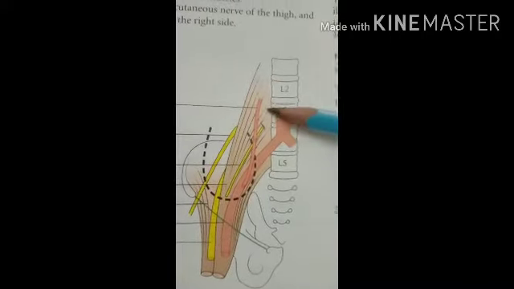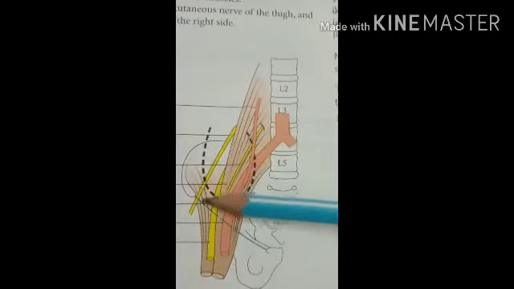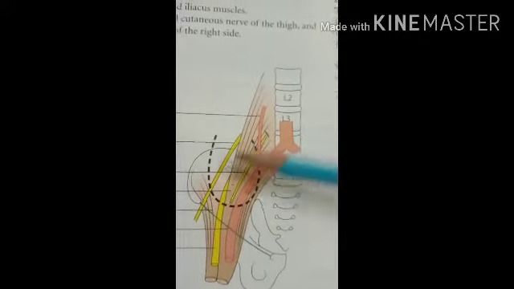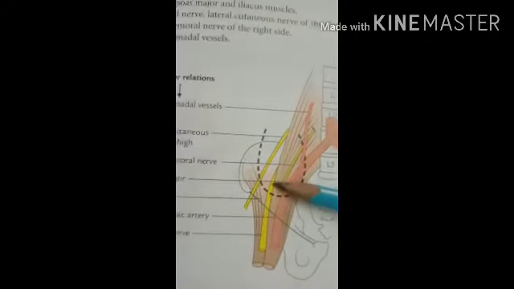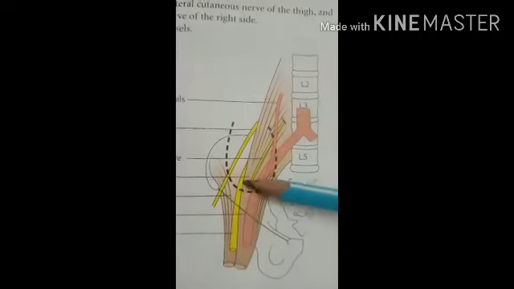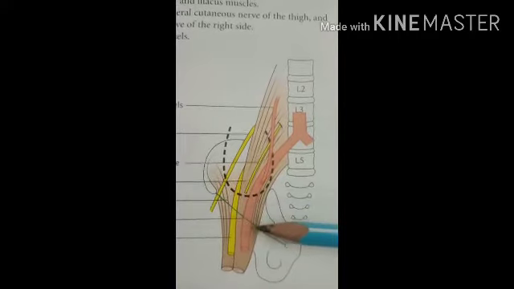Here you can see the brown colored muscles, the psoas major muscle, and the iliacus muscle, present in the iliac fossa. Then the femoral nerve. Here you can see, this is the femoral nerve. Then the lateral cutaneous nerve of thigh.